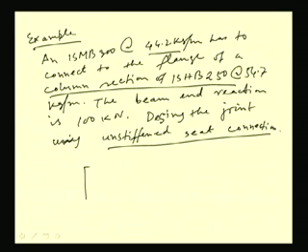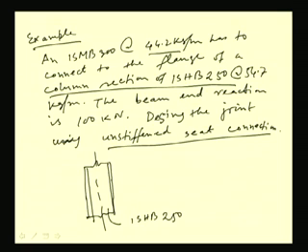That means, if we see the column, this is the column, this is ISHB 250, and this has to be connected through the seat angle, means with the seat connection we have to design. This is the beam of ISMB 300, right.